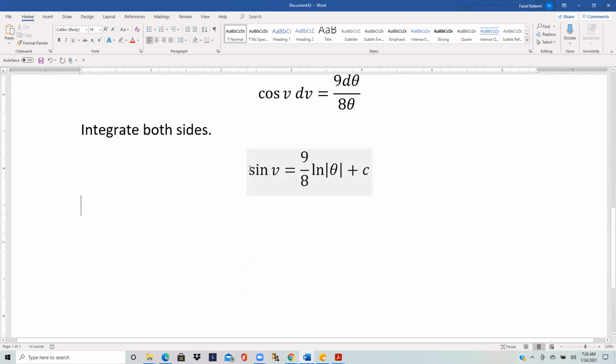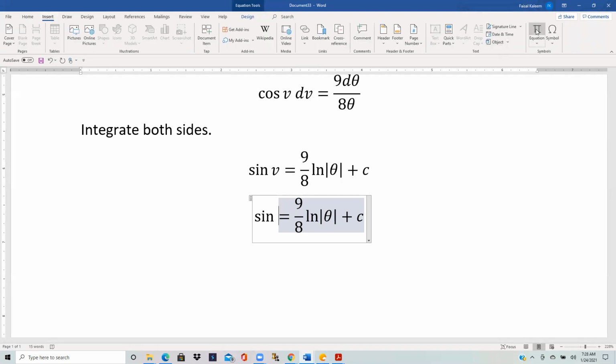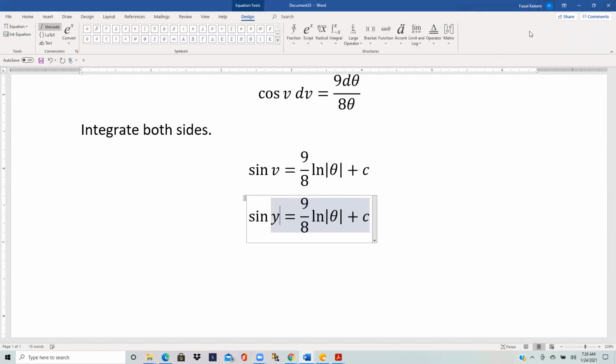So this one will be written as sine of y over theta is equal to 9 over 8 ln theta, which should be brought to the left, minus, is equal to c.